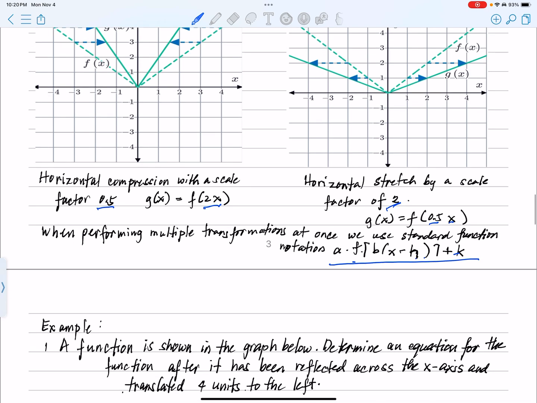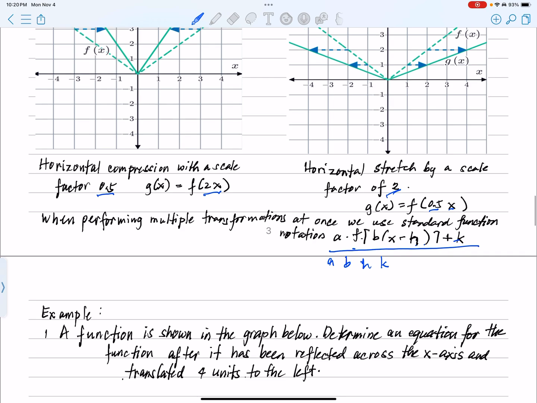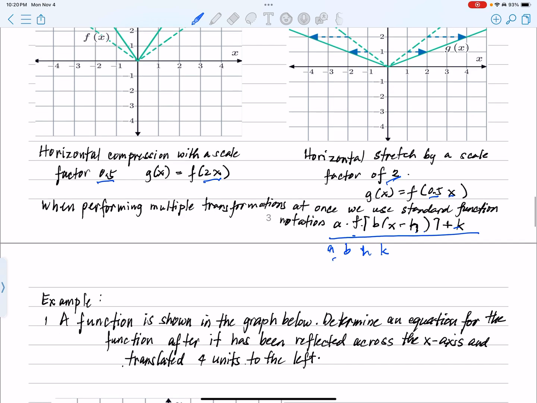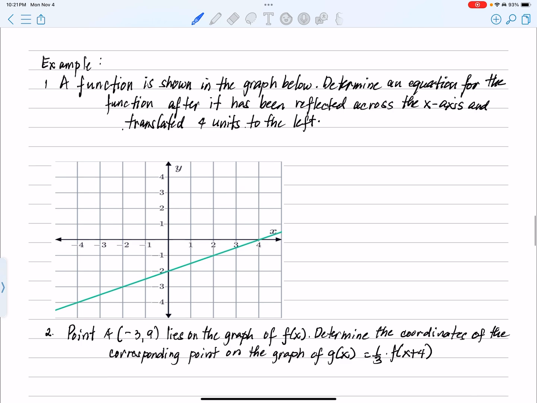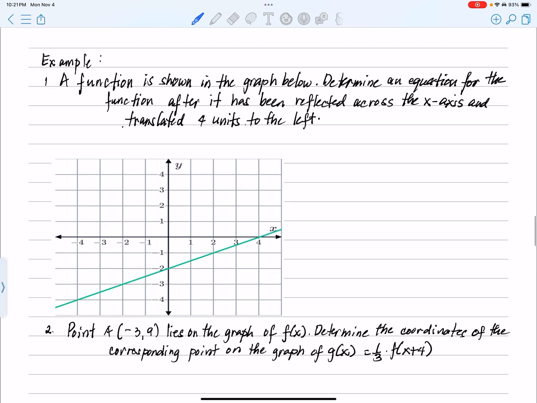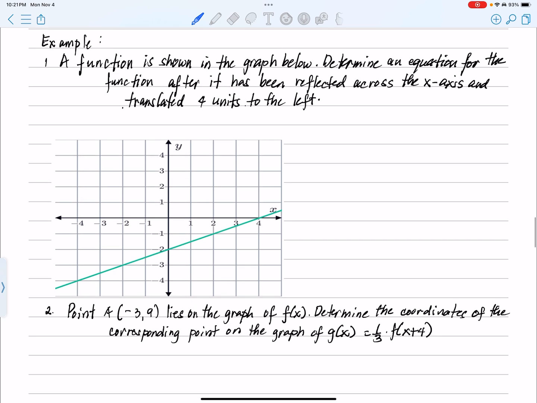A and b stand for vertical and horizontal compression or stretch. H stands for translation left or right, and k is for translation up and down.